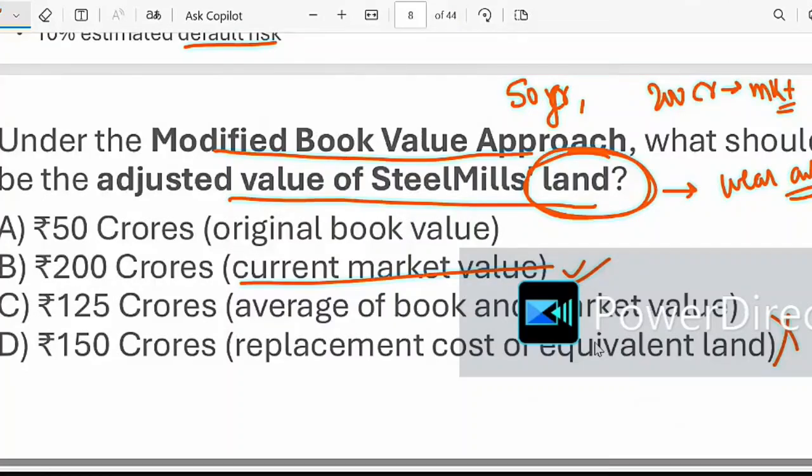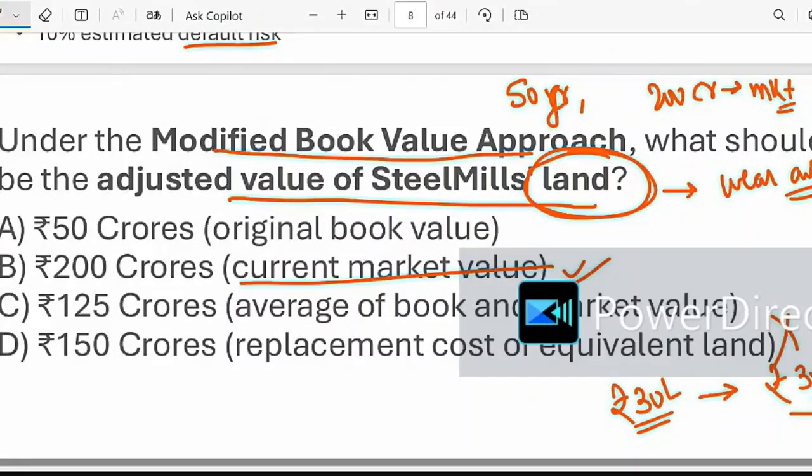Suppose you bought a house 15 years ago at 30 lakh, and suppose today it is still valued at 30 lakh. Would you be happy or sad? Obviously you would be sad, right?